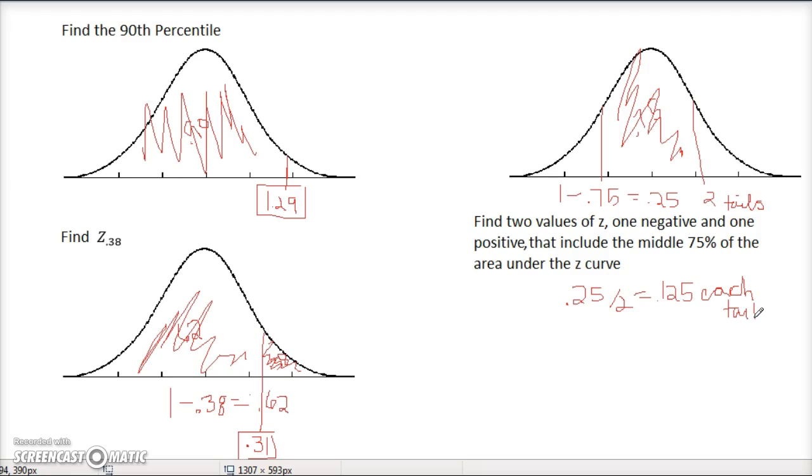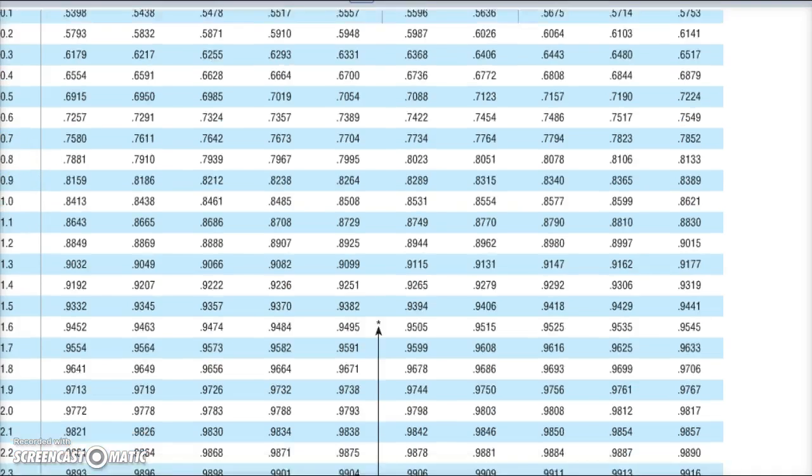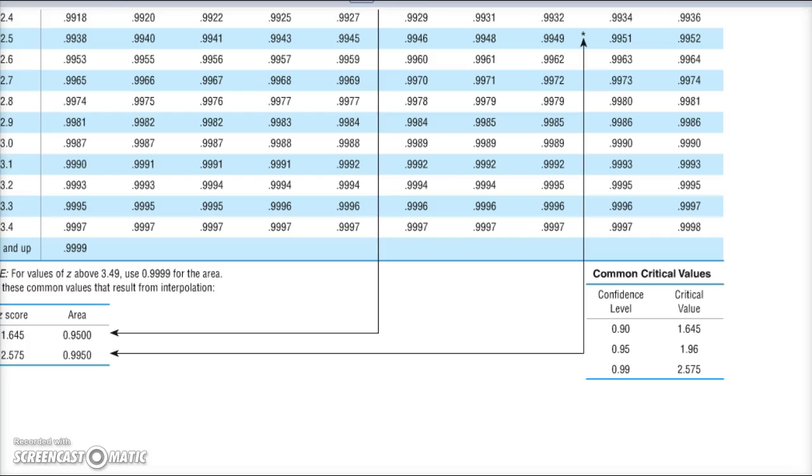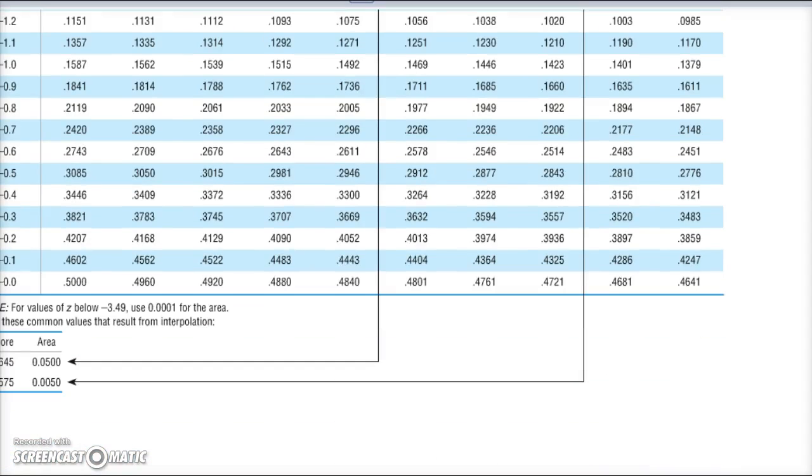Okay, so what we look for now in the middle of the table is the closest value to 0.125. Let's put 0.125 on each tail, so we know. Okay, so going to the table, we have to look at the negative z-scores since it's less than 0.5 in this case.